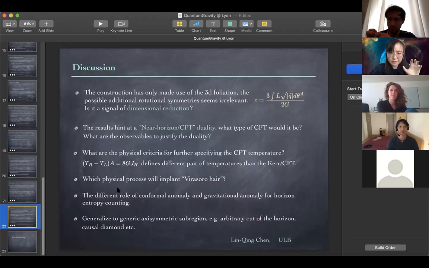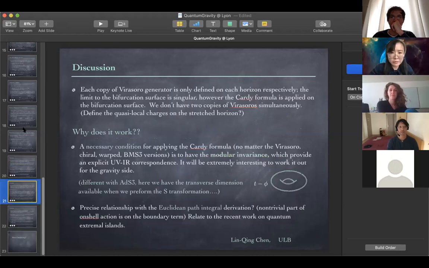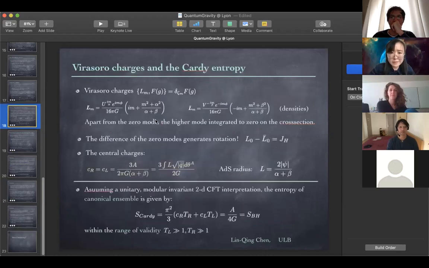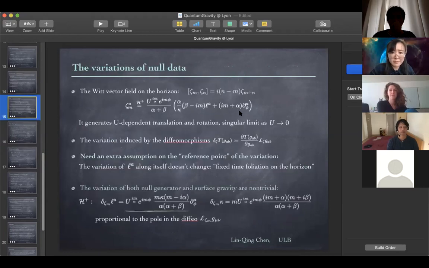So here, because the Virasoro charge can be defined on any cross-section of the horizon, one could imagine sending something through the horizon, and in some sense it would be similar to the supertranslation, as we also generate a translation that's U-dependent.